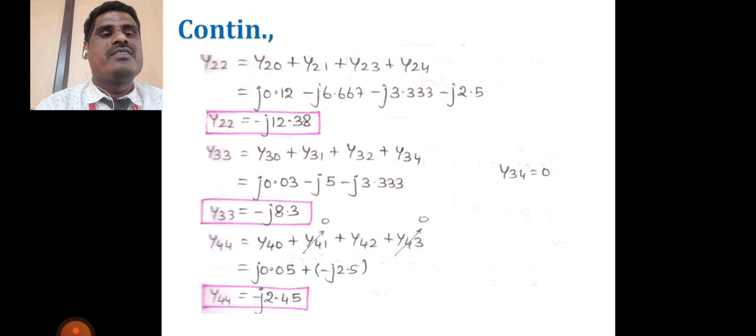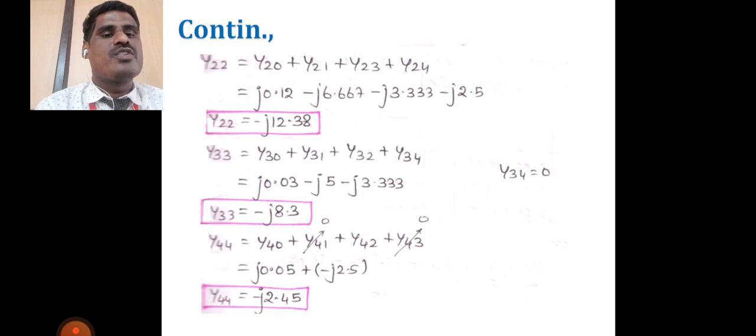After adding all the values, finally we get y33 equal to minus j 8.3.